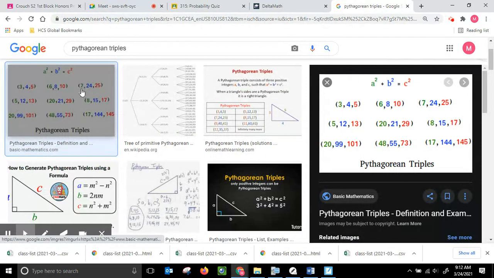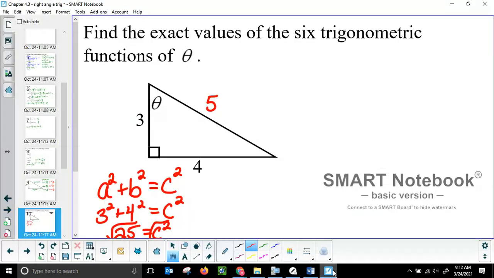All of these. 7, 24, 25, so I was off on that one. 20, 21, 29. 8, 15, 17. These are all nice Pythagorean triples, nice right triangles with integer sides. It saves you a lot of math if you know some of those. Really, 3, 4, 5, and 5, 12, 13 are the only ones that I really expect people to remember.